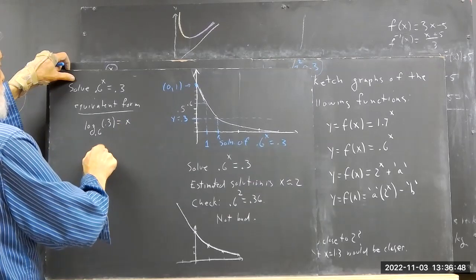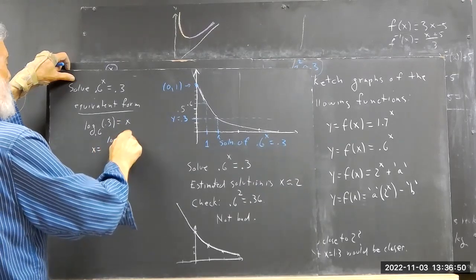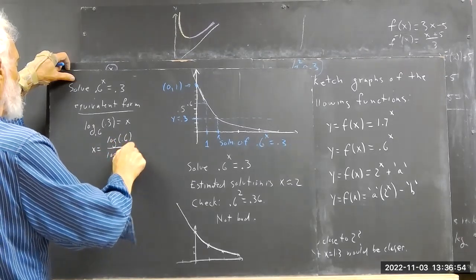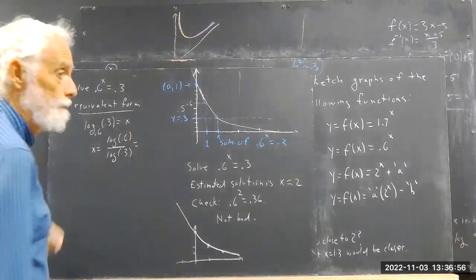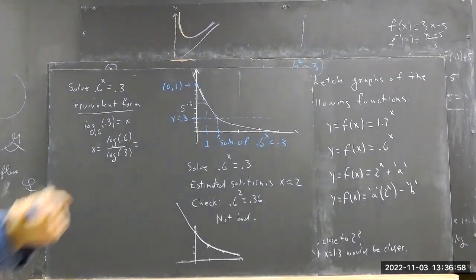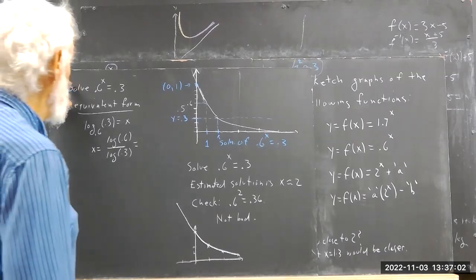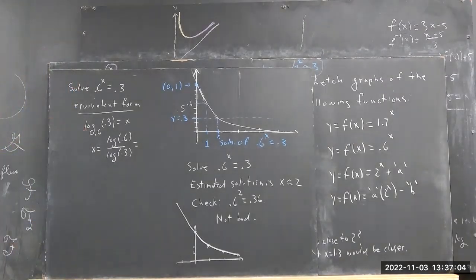So that x equals log of 0.6 over the log of 0.3. So punch that into your calculator. Now that's very simple. Once you've done this a few times, it almost becomes automatic. You just got to be careful.